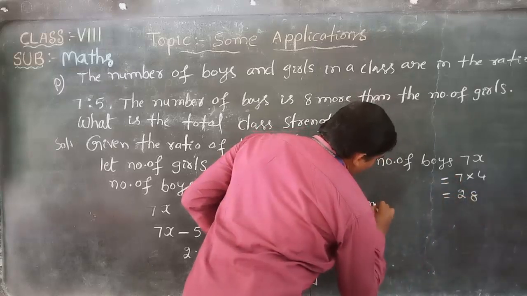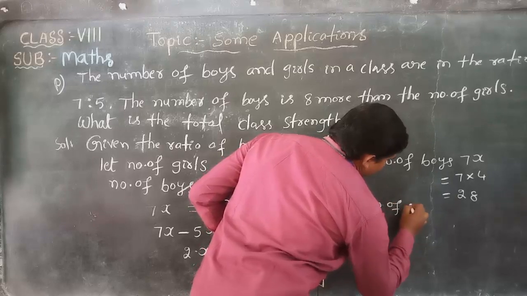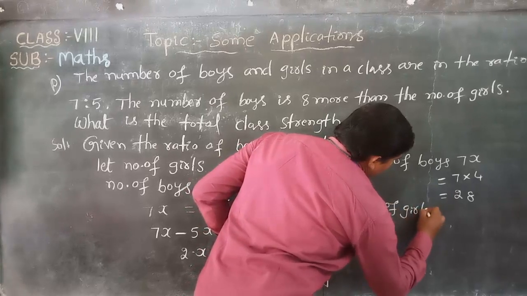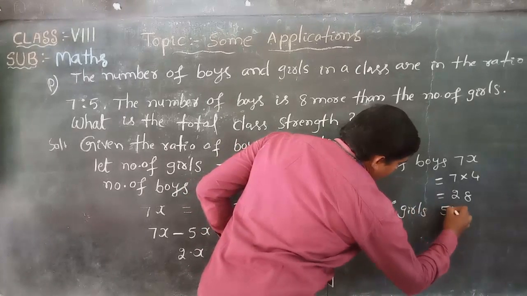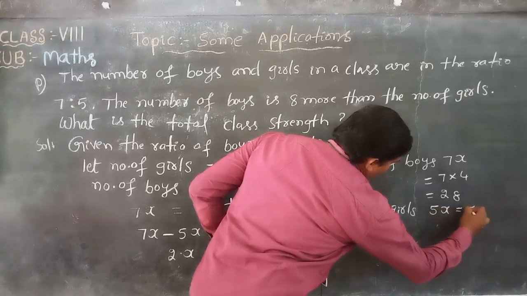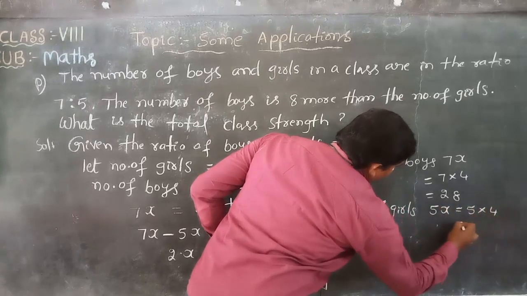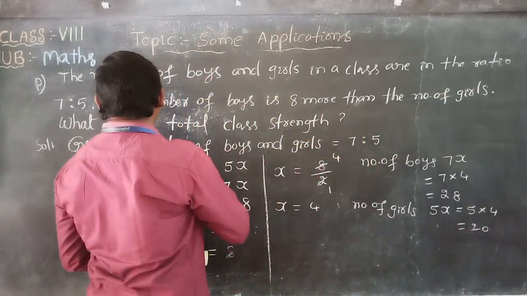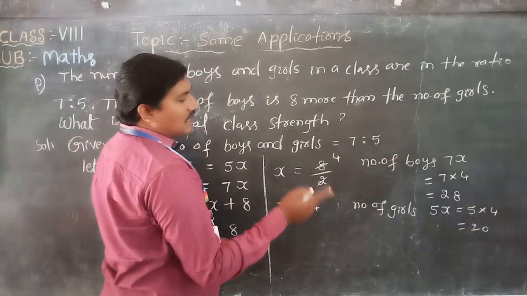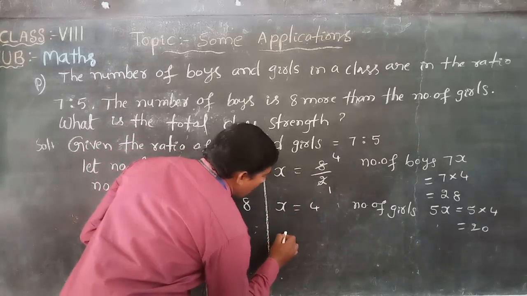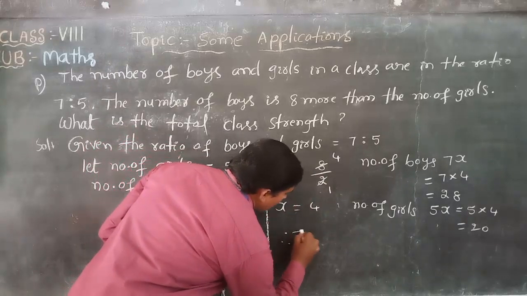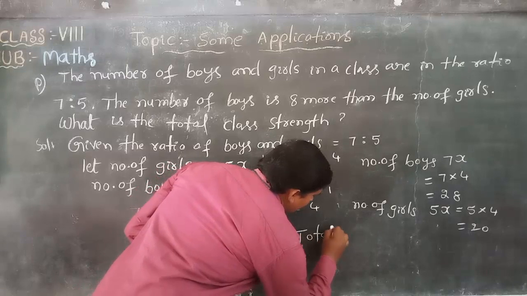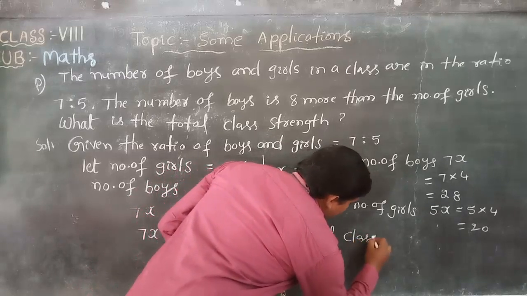Like that only number of girls 5x is equal to 5 into 4, 20. We want total class strength, boys and girls both adding means we will get total class strength.